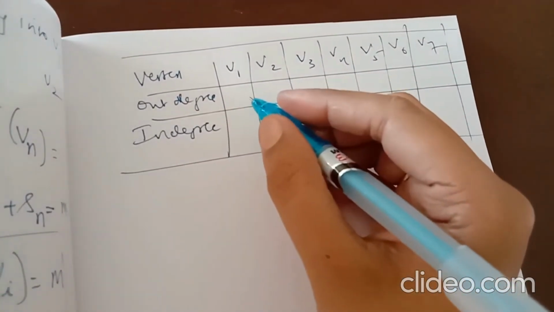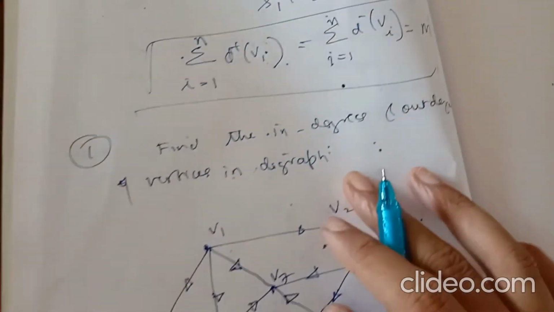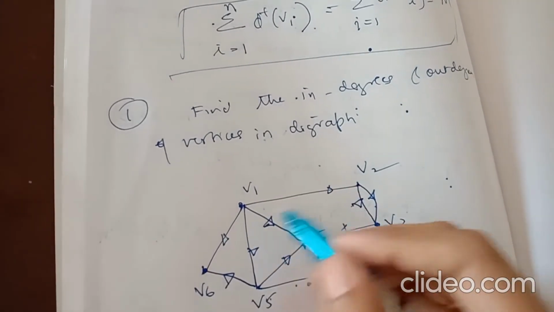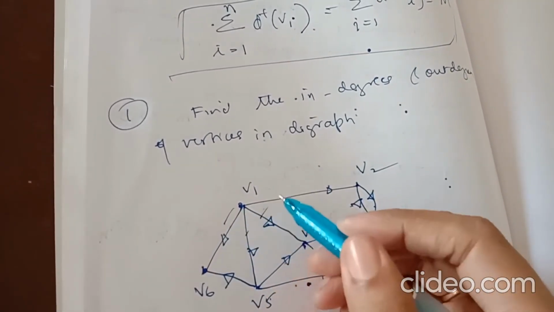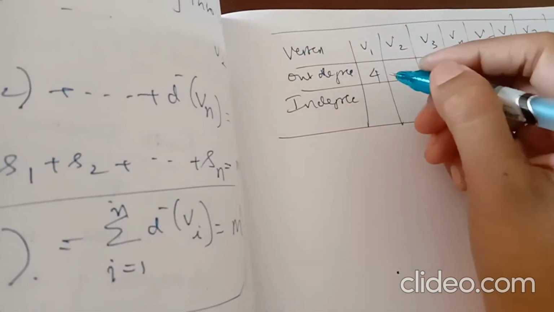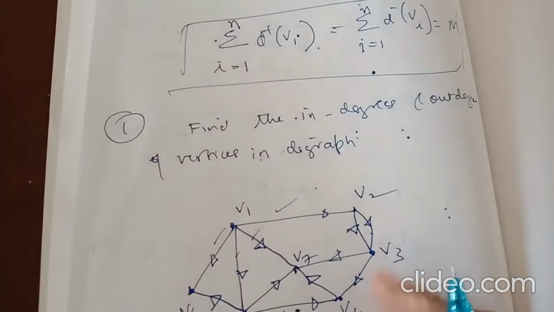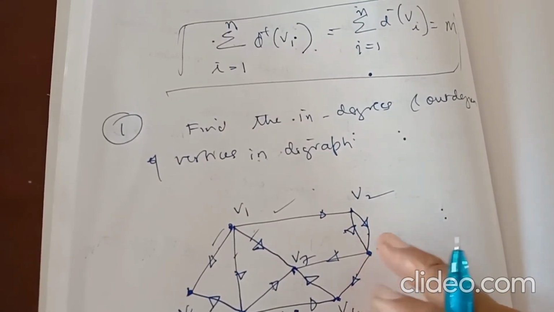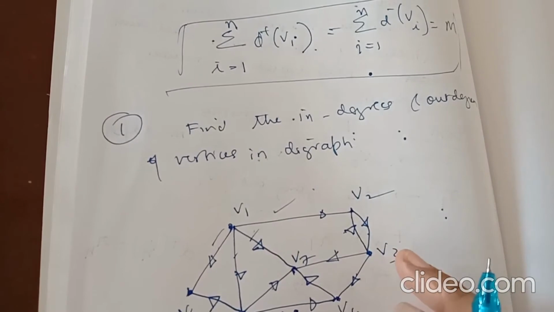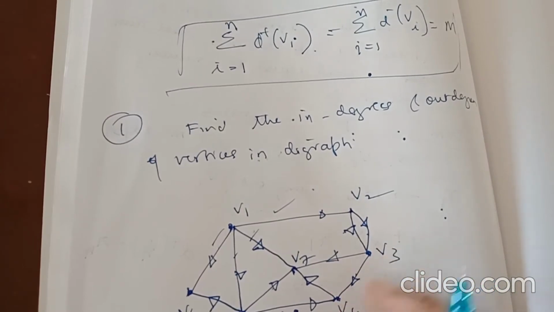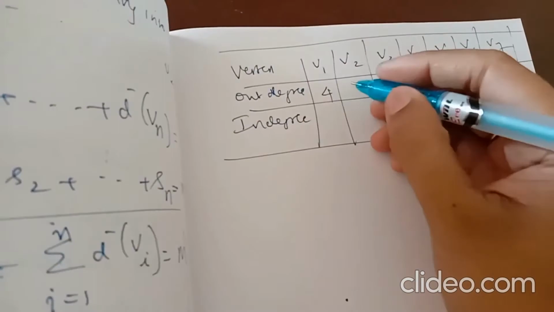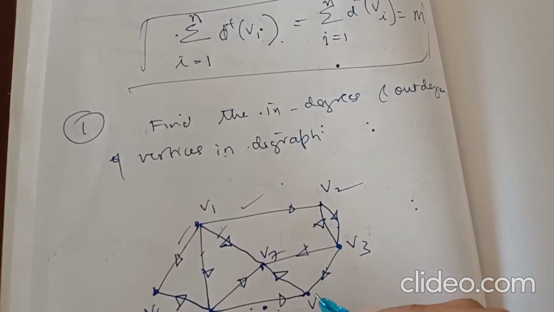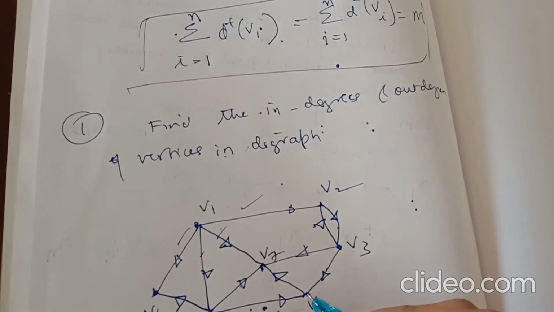So what is the out degree of vertex V1? We can observe how many edges are leaving the vertex V1. There are 4 edges, right? This is the edge, this is the edge, and this is the edge. So the out degree of V1 is 4. Out degree of V2, you can observe, is 2, right? What is the out degree of V3? Again 2, right? What is the out degree of V4? How many edges are leaving that vertex?